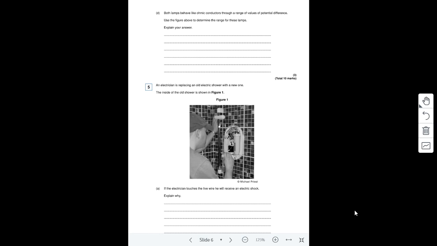Is the ohmic conductor when the current is the same as the potential difference? Not the same, they are proportional to each other.